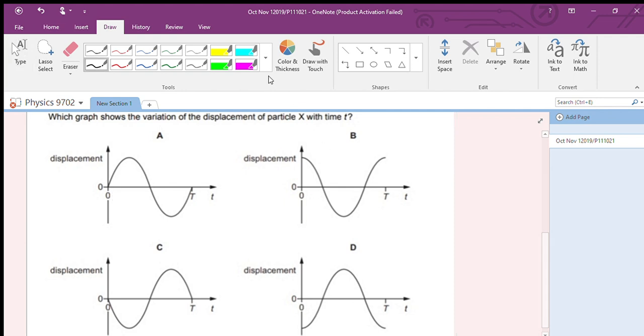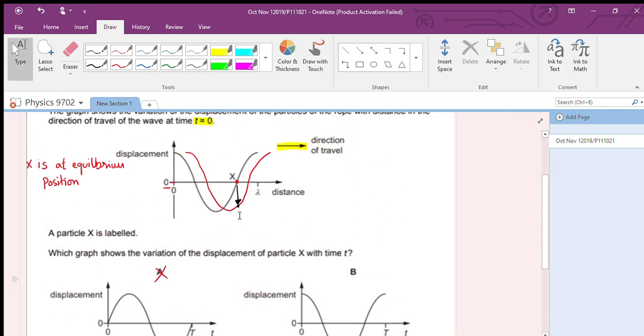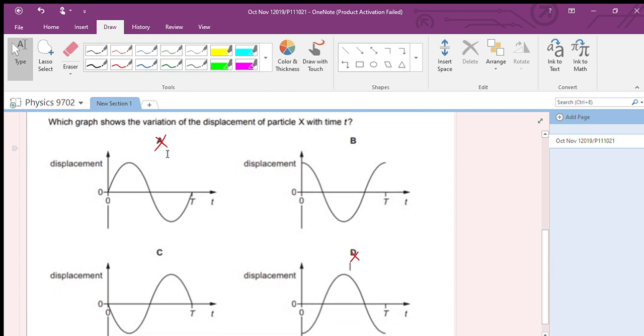So straightforwardly we can just eliminate these two options, because we know the particle is moving down from displacement 0. So we just eliminate options A and D.